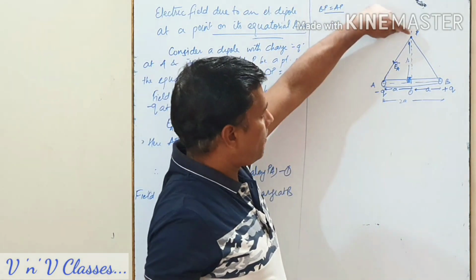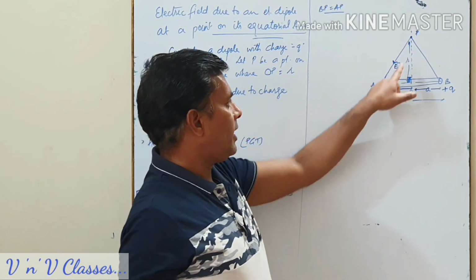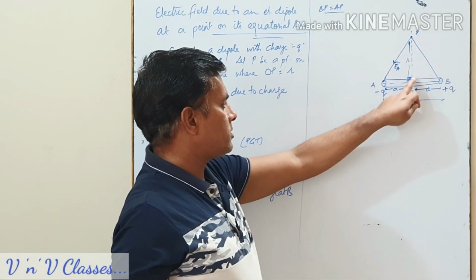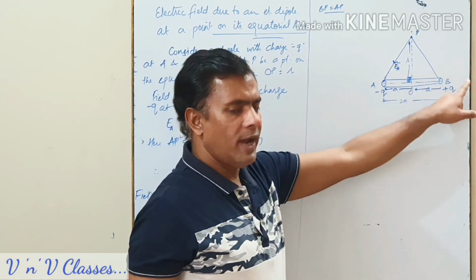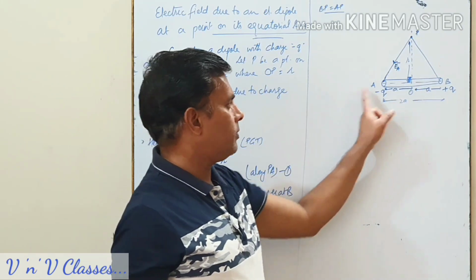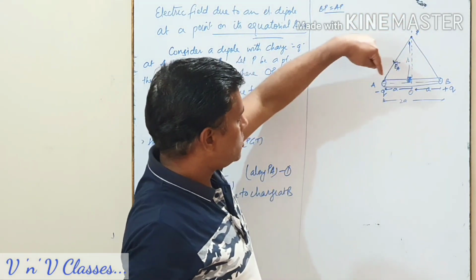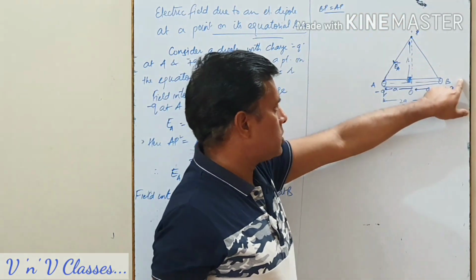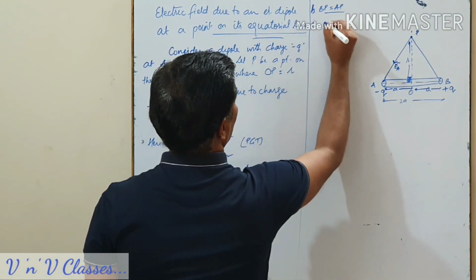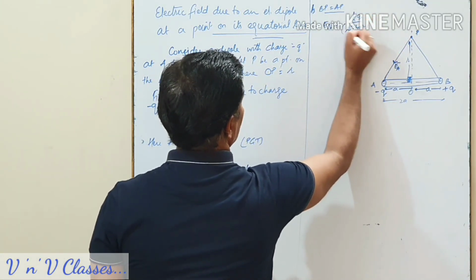Why? This is a perpendicular bisector. From previous classes, any point on the perpendicular bisector is always equidistant from the two ends of the line. AB is the line, this is a perpendicular bisector, so the distance from A will be the same as from B. So BP equals AP. Therefore E_B comes out to be kq upon r square plus a square.